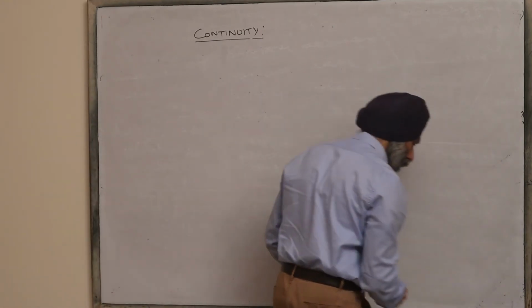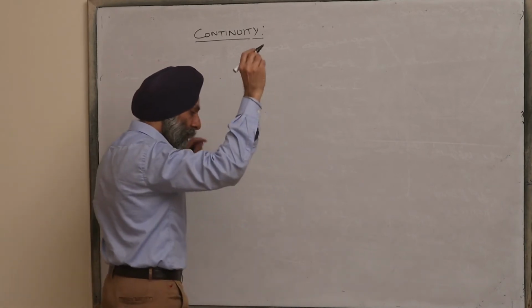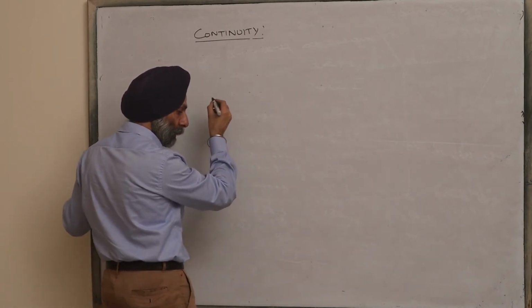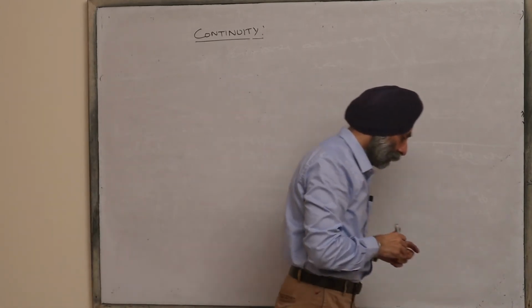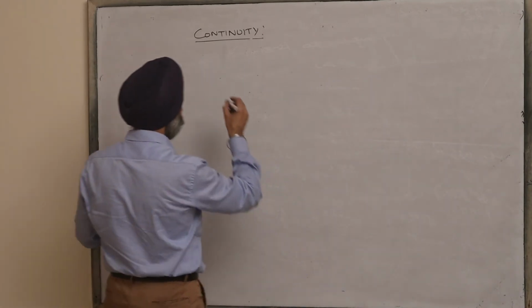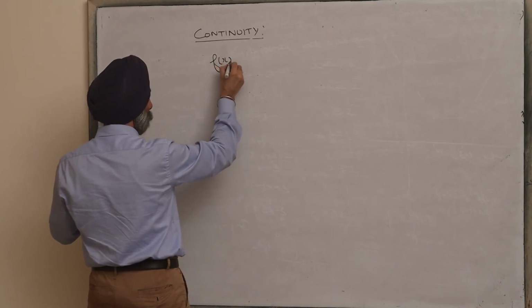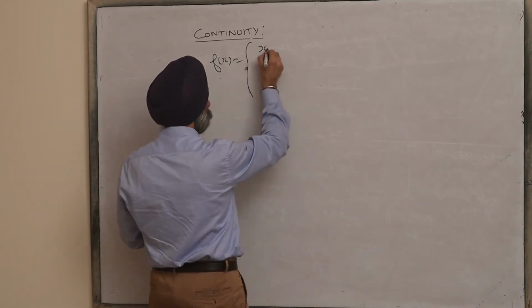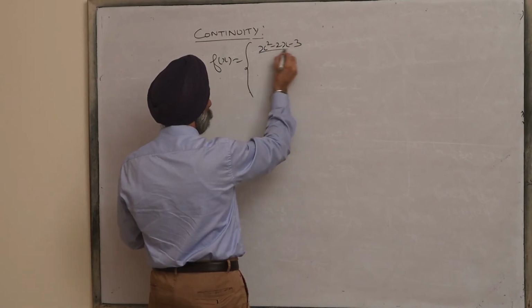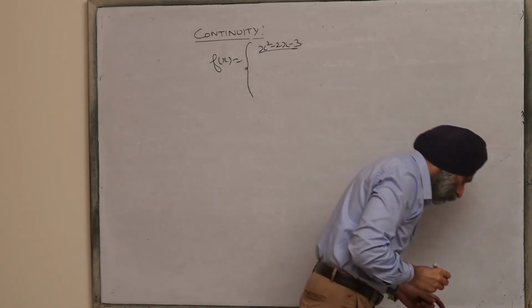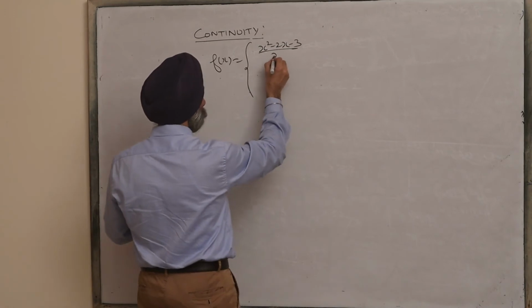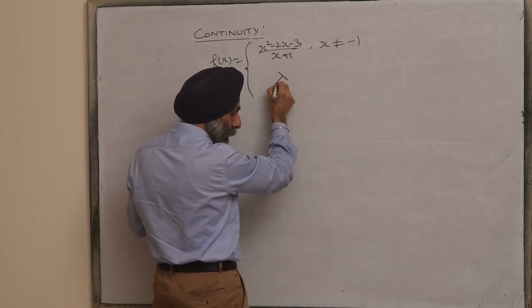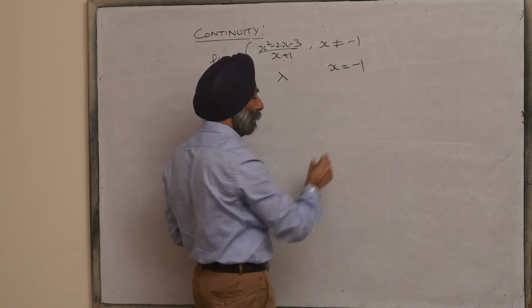Now next is, for what value of lambda the function becomes continuous at x equal to minus 1. For what value of lambda the function f of x is equal to x square minus 2x minus 3 upon x plus 1 when x is not equal to minus 1, and is lambda when x is equal to minus 1.